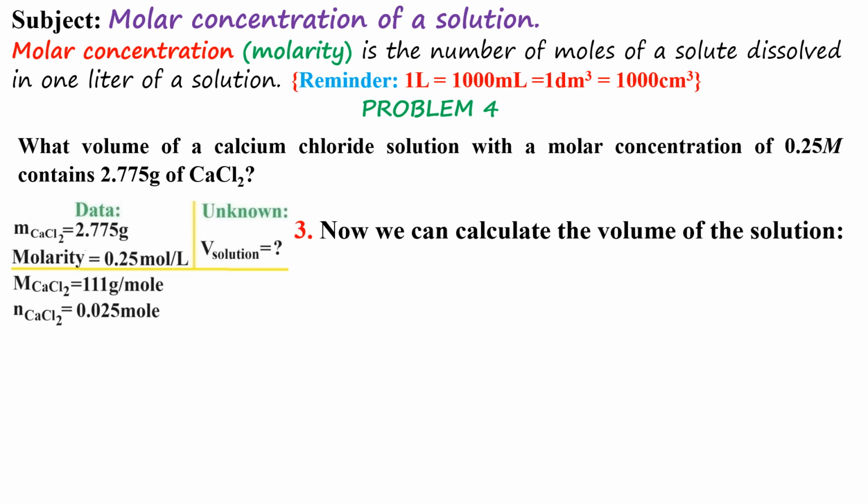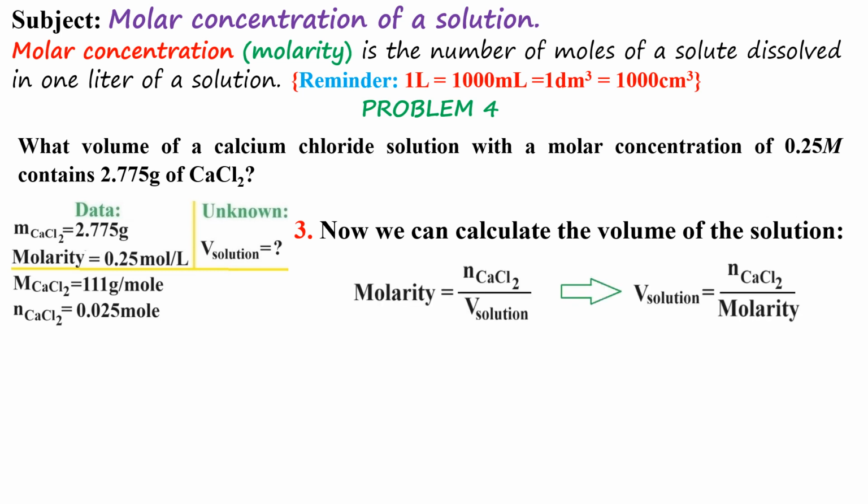Finally, we are ready for the last step. Now we can calculate the volume of the solution. Molarity equals the number of moles divided by the volume of the solution. So after transformation of this formula, the volume of the solution equals the number of moles of calcium chloride divided by molarity of the solution.